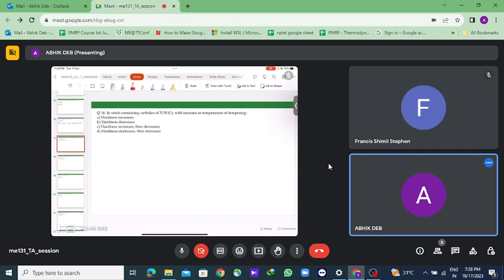If we are trying to improve the toughness by a little decrease in the hardness, then we can use this temperature range for the heat treatment process. Say this is around 200.